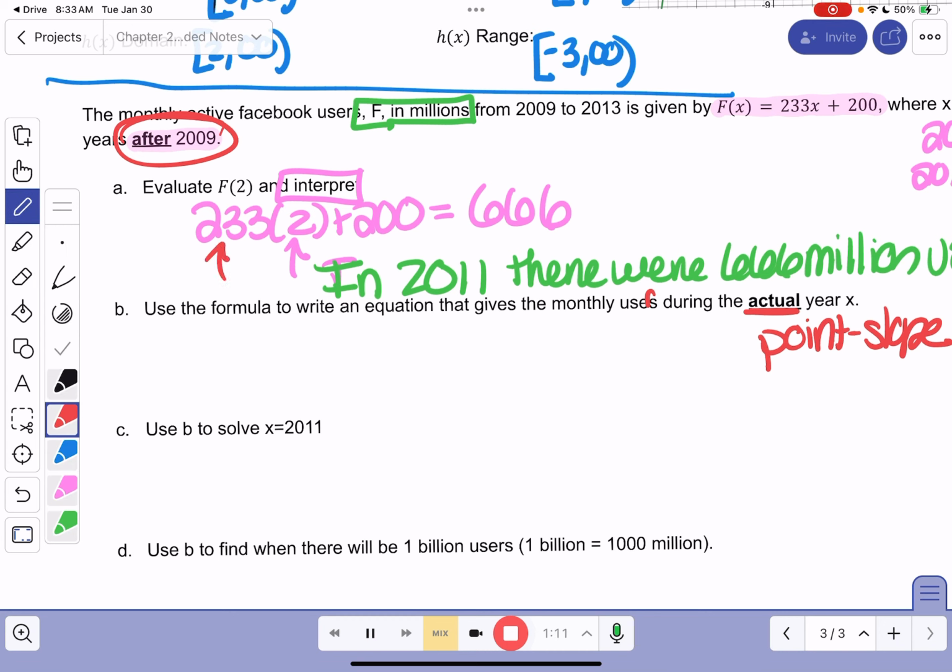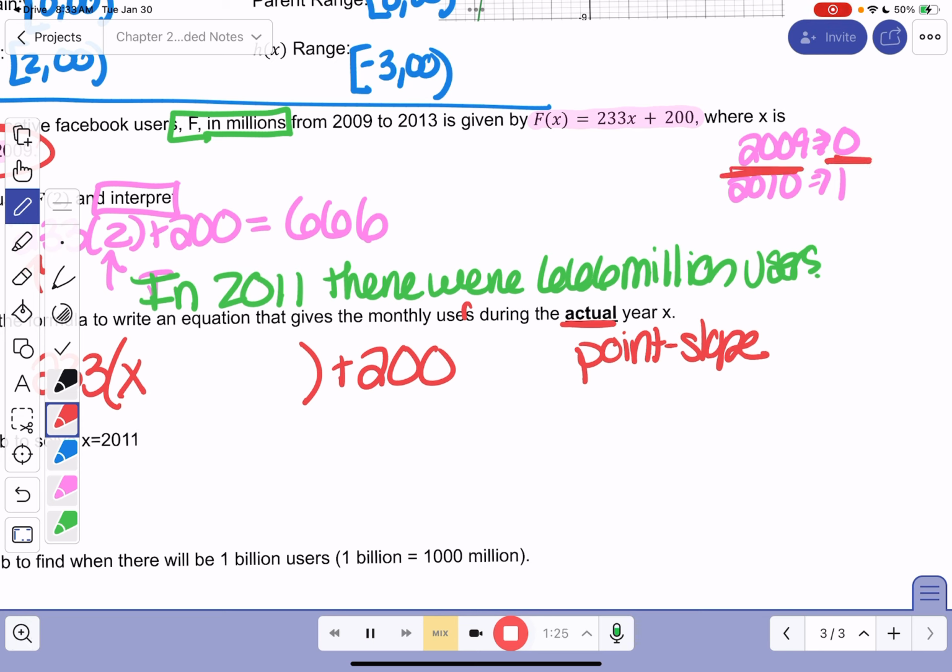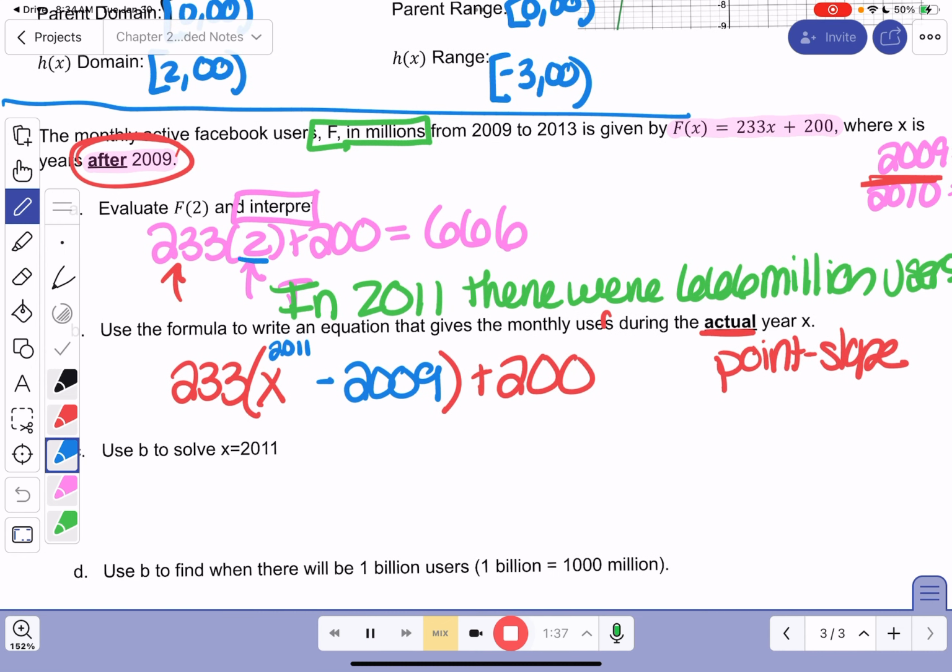Our slope is still the same, 233. Our X is still the same. And our y-intercept is still the same. The difference is, if we're going to be plugging in 2009 instead of 0, we need to take that away so that we get the same answer. So if we plugged in 2011, if we subtracted 2009, that would be like plugging in 2.